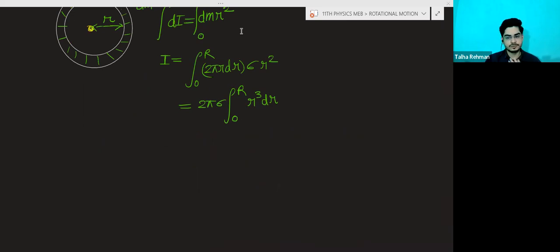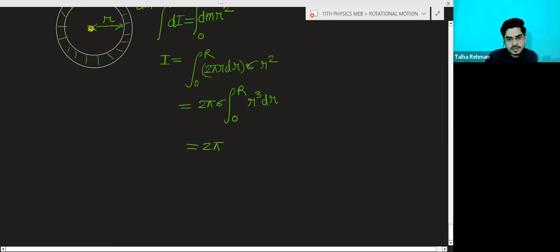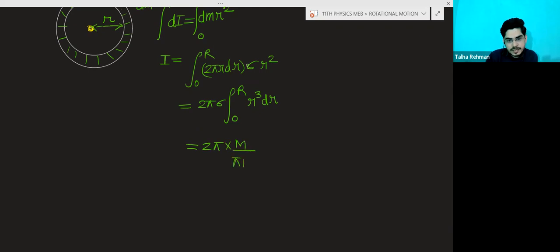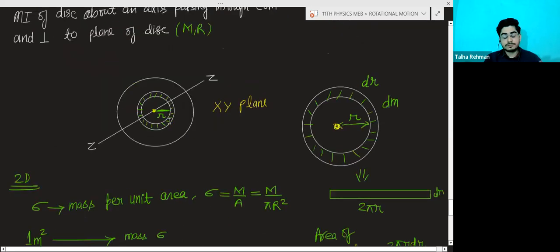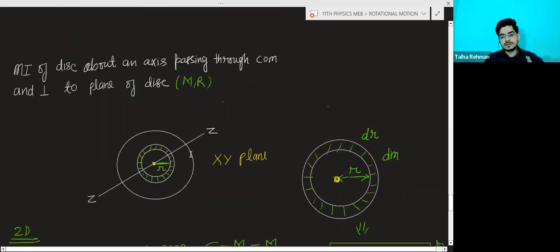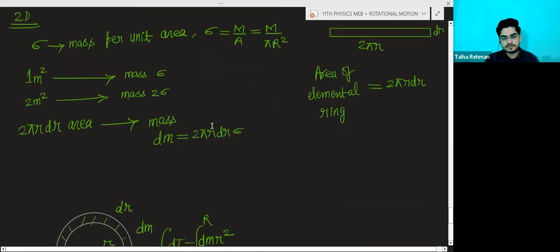Very good, very good. And when you will put the limit, what you will get? Capital R square divided by 4, because there will be 0. No problem, very good. This is 2 pi, and sigma is mass per unit area. Area is pi r square. So mass is m, area of the disk is pi r square. That is sigma.